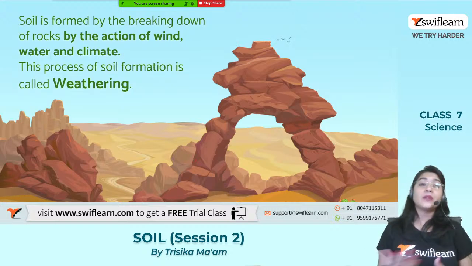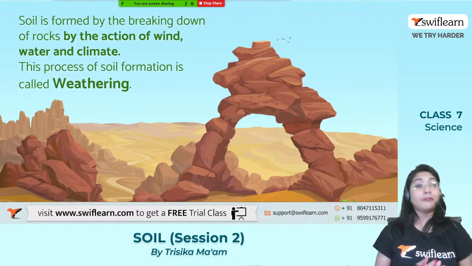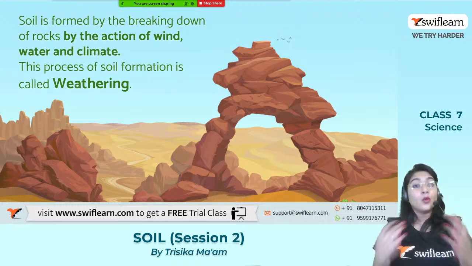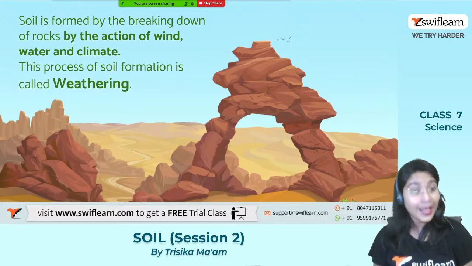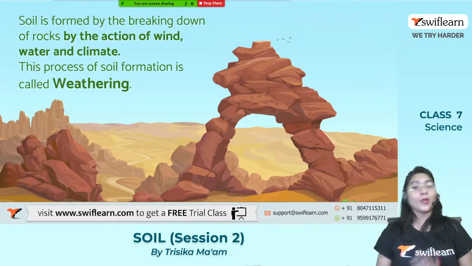So what is weathering? It is the breaking down of huge rocks by the action of wind, water and climate, which makes very small particles of rock that help to form the soil. And this process of formation of the soil is known as weathering, right?